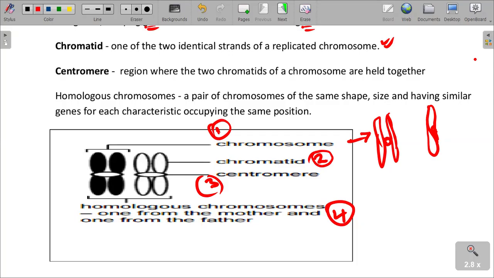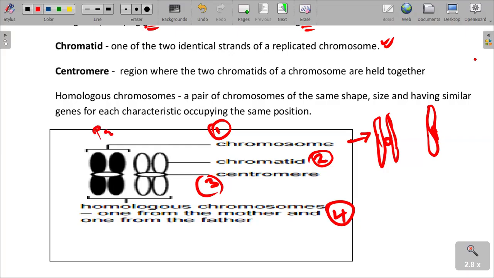Homologous means of the same type. Homo means same. So these are two chromosomes, one from the father and one from the mother, containing similar genetic information. However, as you can see, one is black, one is white.